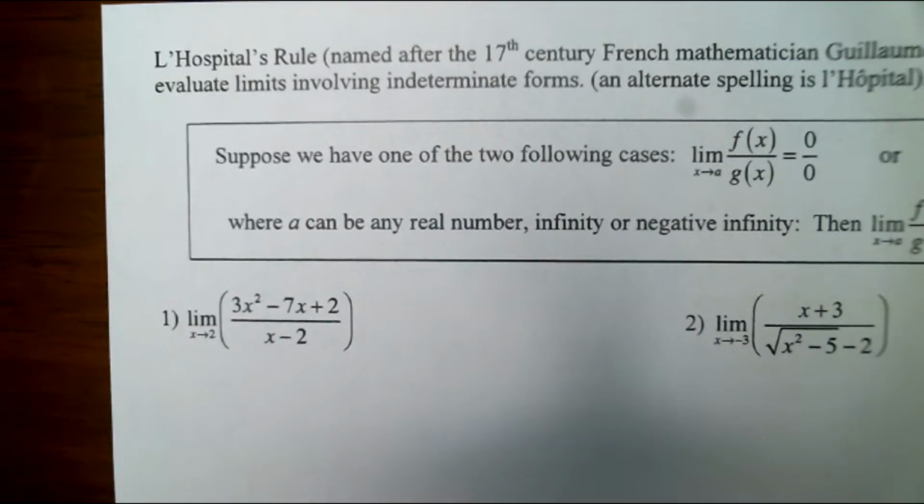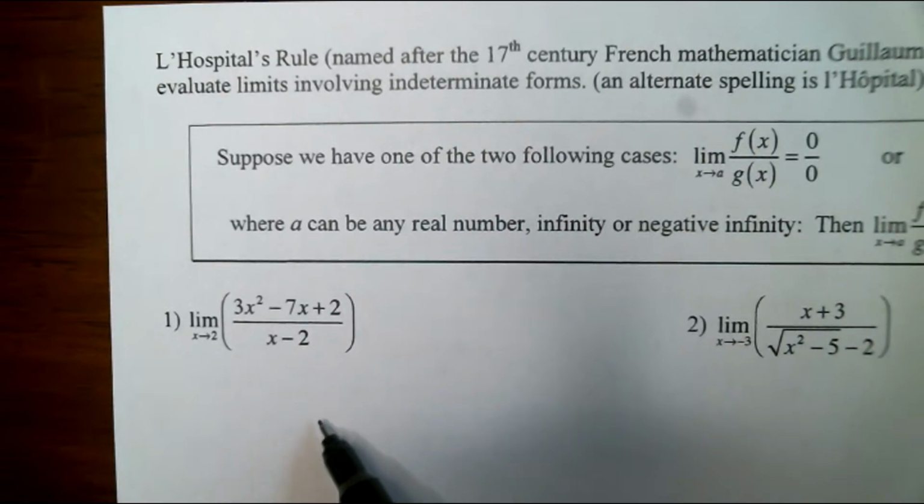Step 1, plug it in. Step 2, factor and cancel. And then step 3, that's where we would go from the left and the right limits, which is going towards infinity or negative infinity or does not exist. But then the fourth one was indeterminate. On our homework, if something was indeterminate, we would write indeterminate.